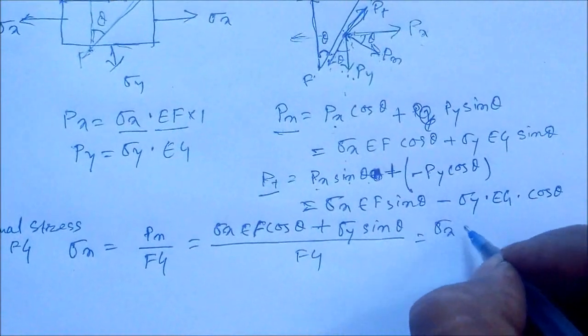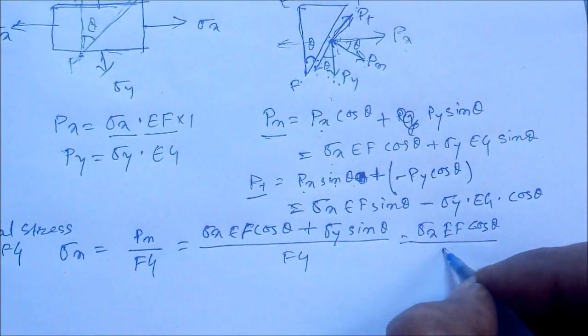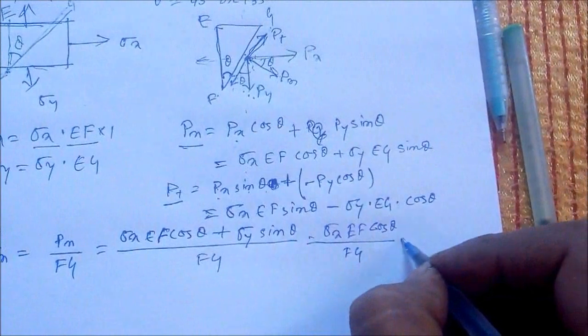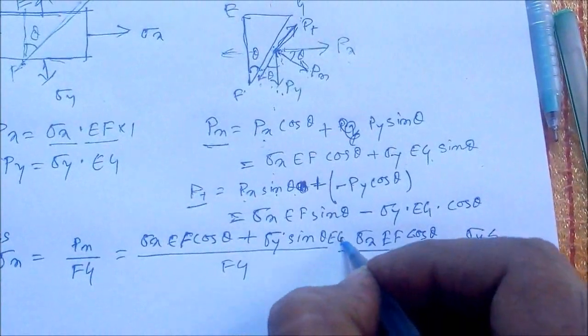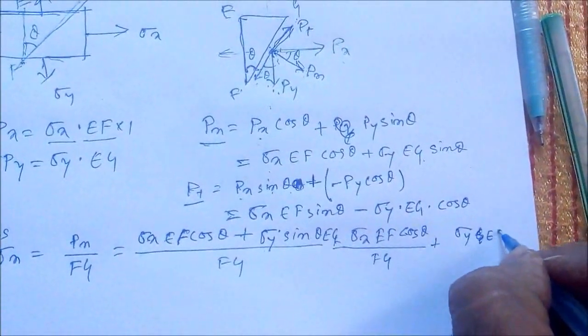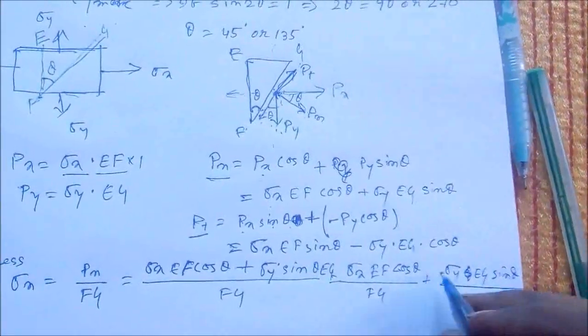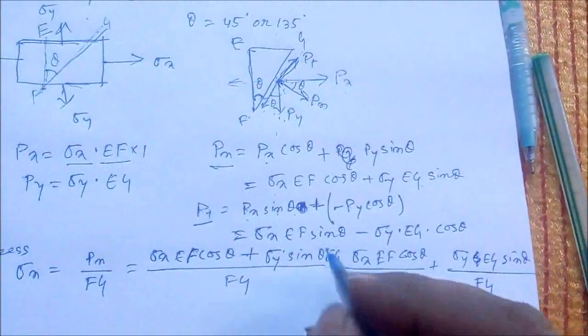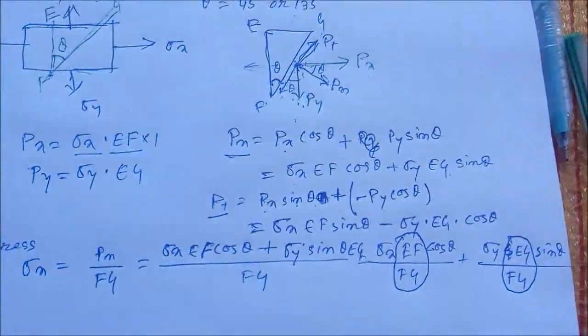Right, now if we split these two things, we can get sigma x EF cos theta divided by FG, and plus sigma y, this will be sigma y EG, so we have missed the term EG over there, so this is sigma y EG sin theta, right, divided by FG. Now what is this EF by FG and what is this EG by FG?